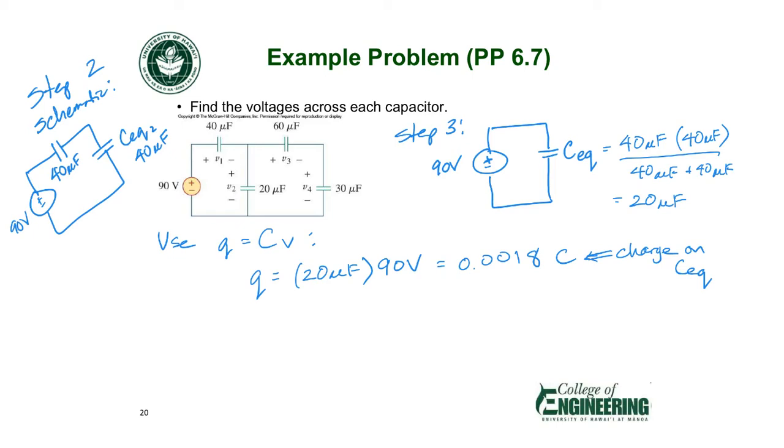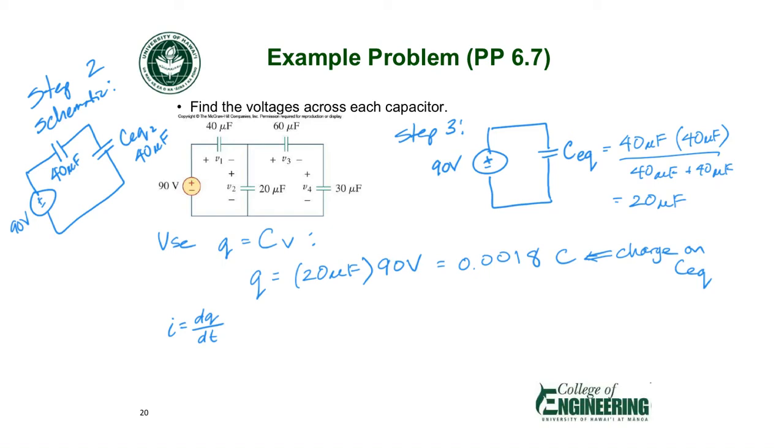Okay. Current is related to charge because current is the change of charge with respect to time. So what can we say in this kind of circuit where my elements are in series? What can we say about current through those elements? It should be the same.